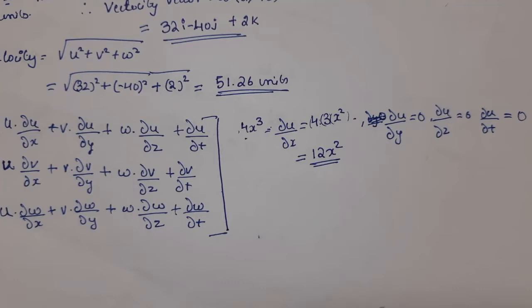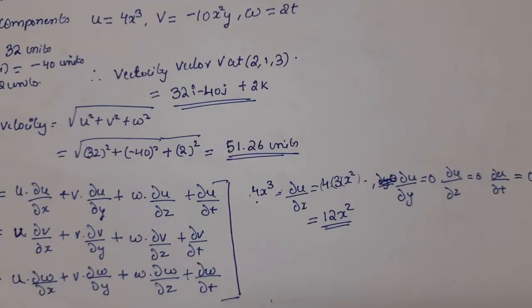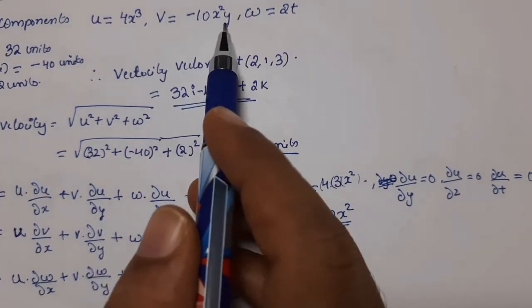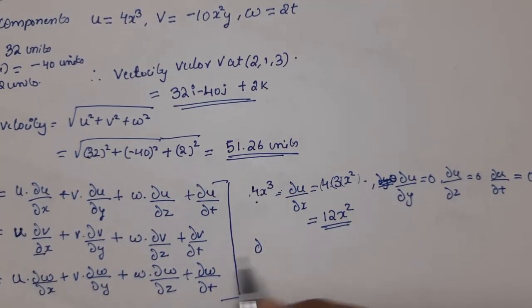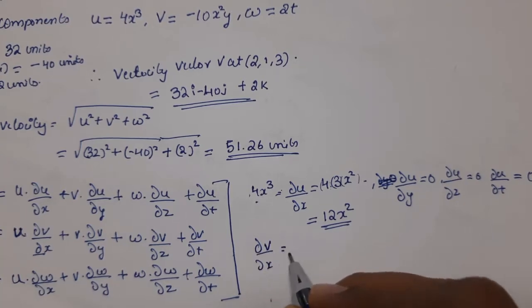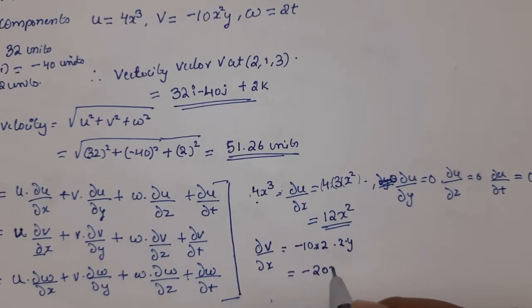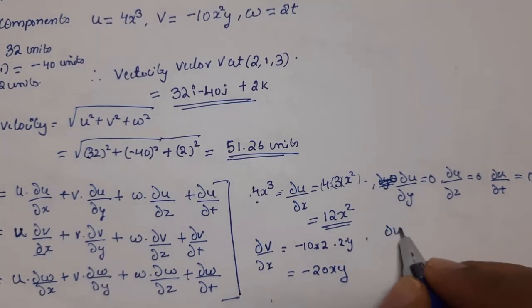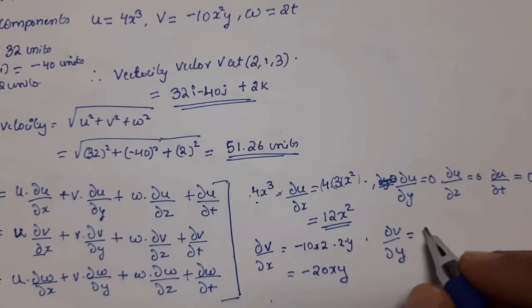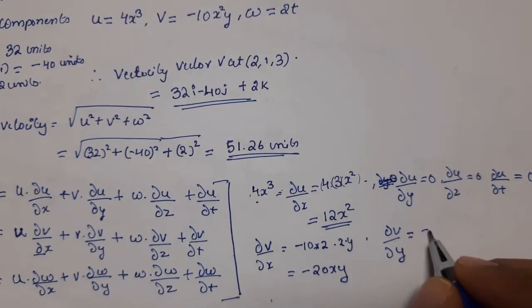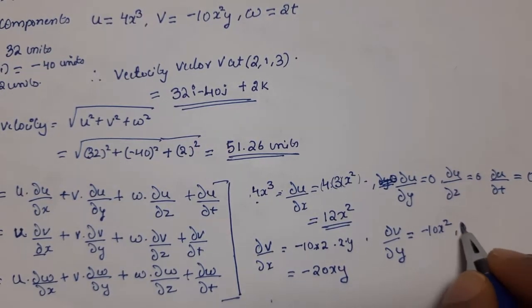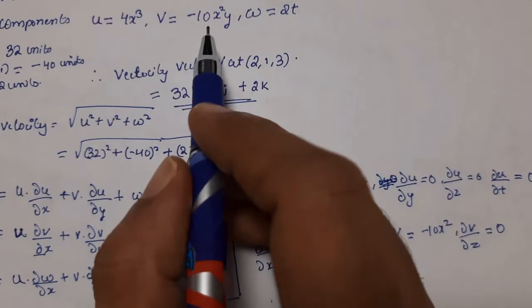Now let us take the v component, that is −10x²y. So ∂v/∂x will be −10 into 2 into x into y, that is −20xy. Similarly, ∂v/∂y will be, since y is 1, −10x². ∂v/∂z will be equal to 0, since there is no z component in this.